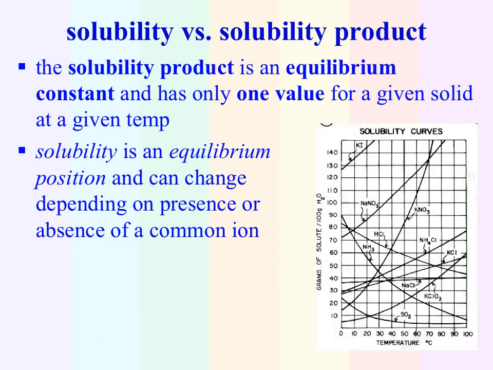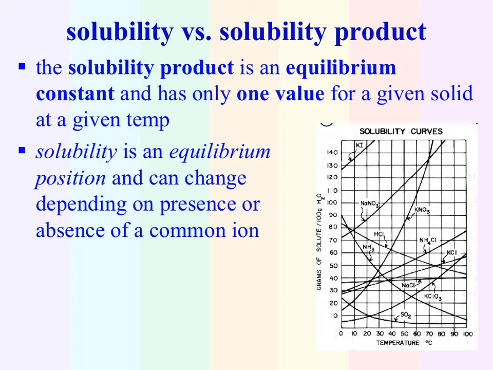Okay, so differentiating between solubility and solubility product. The solubility product, guys, is an equilibrium constant. It's going to have only a single value for a given type of solid at a given temperature. Solubility, on the other hand, is an equilibrium position, and that can actually change depending on the presence or absence of a common ion.